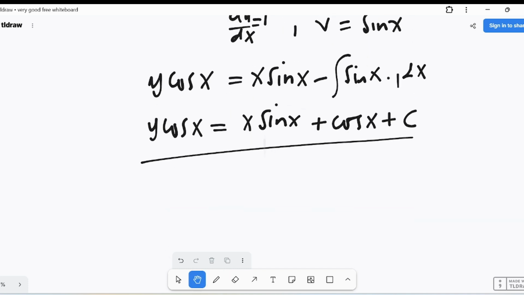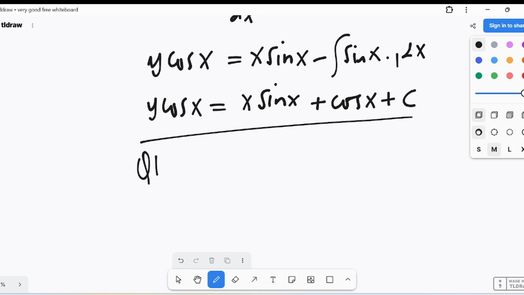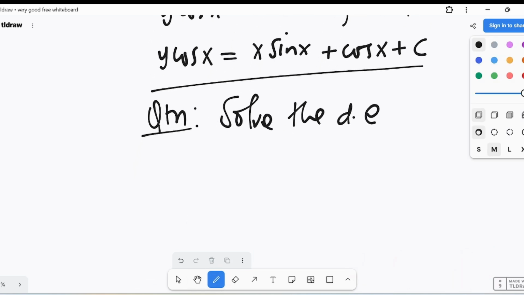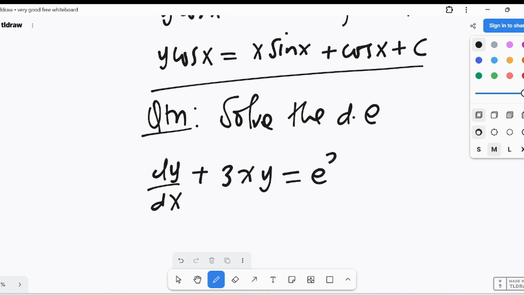Yours to try. Solve the DE. Yours goes like this. dy by dx plus 3xy is equal to e of 2x.